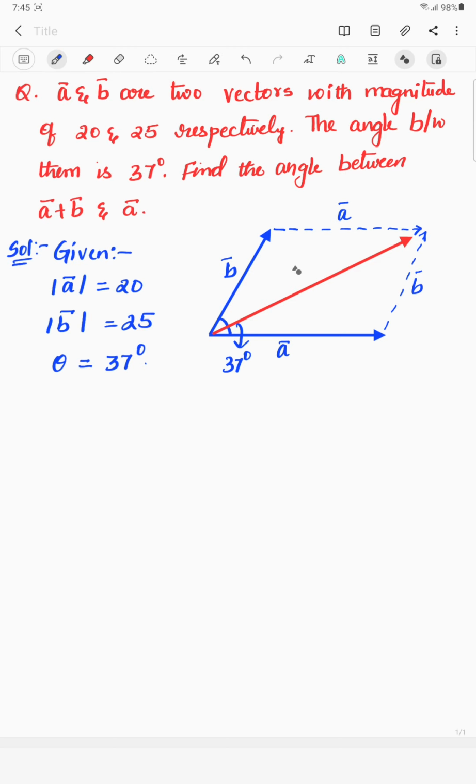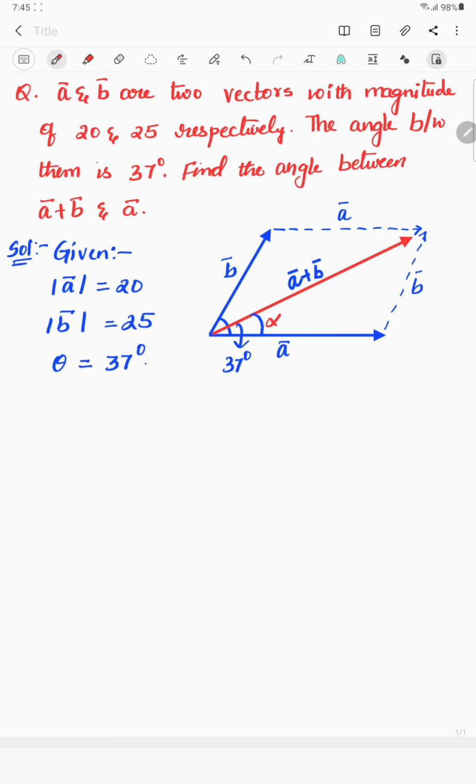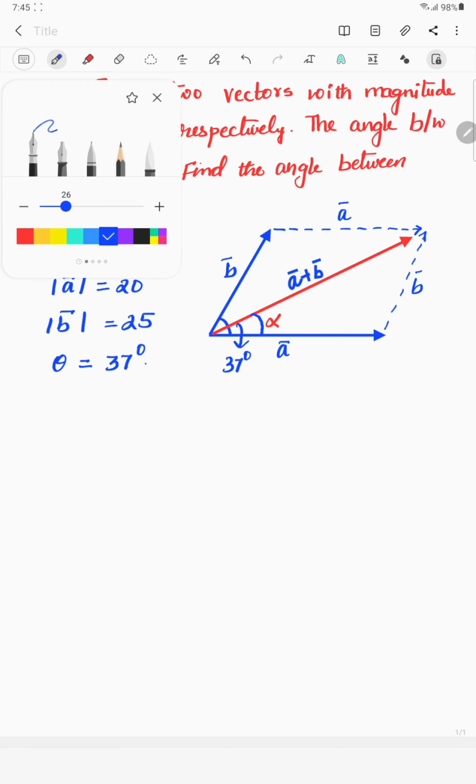Now they are asking about the angle between A bar plus B bar and A bar. We already know that the angle is alpha, and we now should calculate this angle.